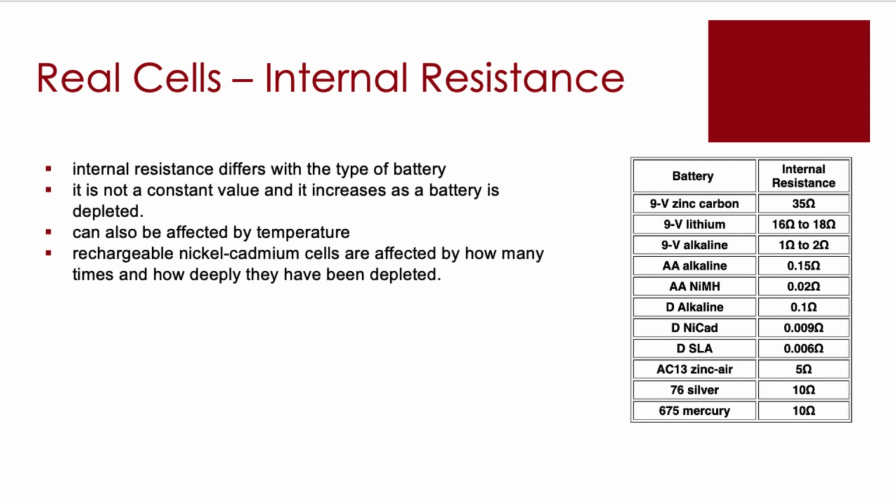So I said that real cells have an internal resistance, and we can't get around that. But not all cells have the same internal resistance. It's also not a constant value and typically increases as a battery gets older and more used. They can also be affected by temperature.